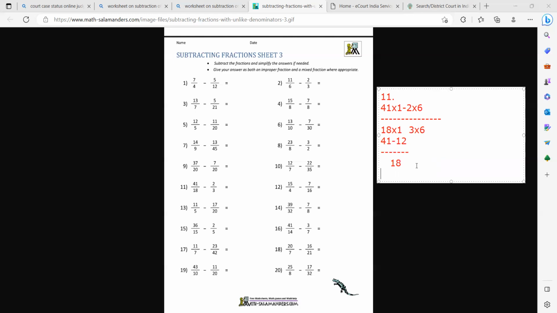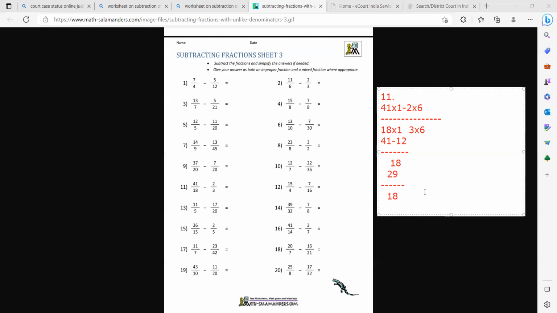1 minus 2 is, since 1 is lesser than 2, so 1 we will take it as 11. So 11 minus 2 is 9. Then we will take 1 from 4, so 4 will become 3. 3 minus 1 is 2. So 29 by 18. Now what else we need to do? We just need to divide 29 and 18.